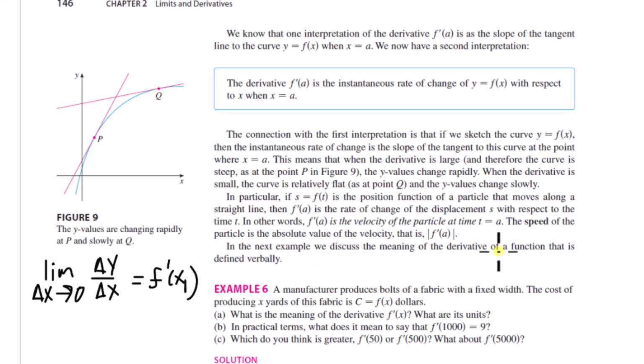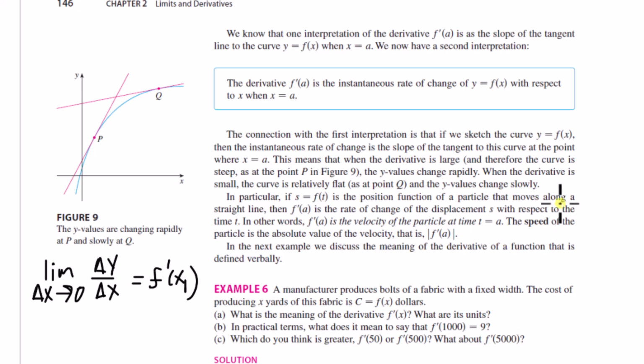And what they're talking about here is you can have two slopes. One's a very steep positive slope, the other one's a very steep negative slope, but the absolute value is just giving you the magnitude of that. So in the sense of velocity, if you have a large velocity going in the positive direction and a large velocity going in the negative direction, then you could just talk about the speed, how fast you're going, which just means the absolute value of that velocity.